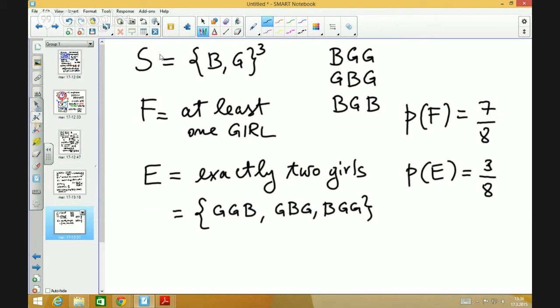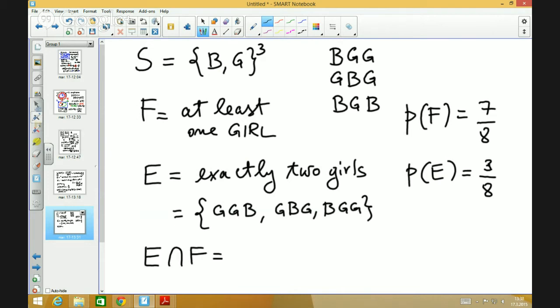Now it sounds like we want to do a conditional probability calculation, because the question was, what is the probability of getting exactly 2 girls if you have at least 1? In order to do so, we have a missing ingredient, namely the intersection.